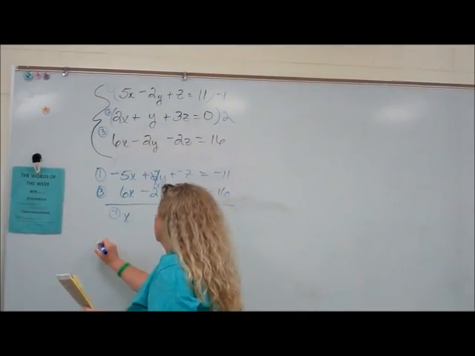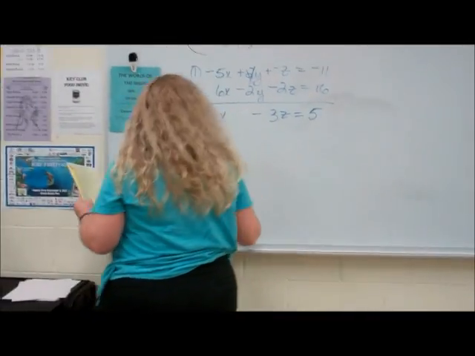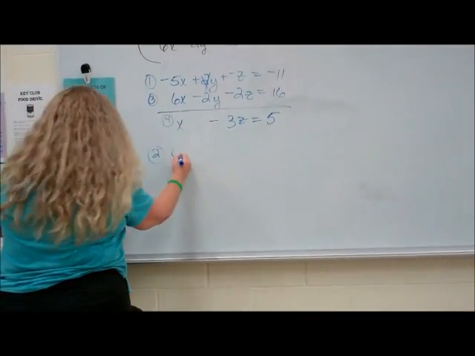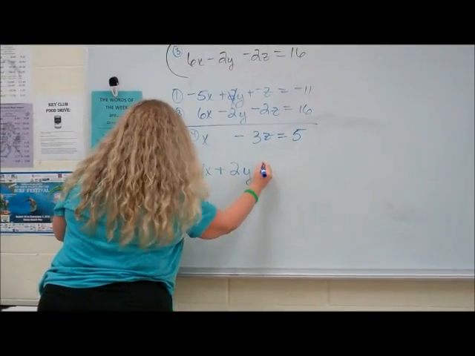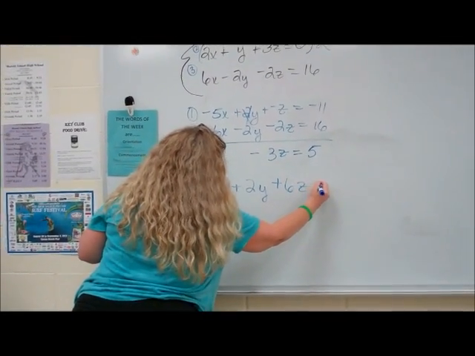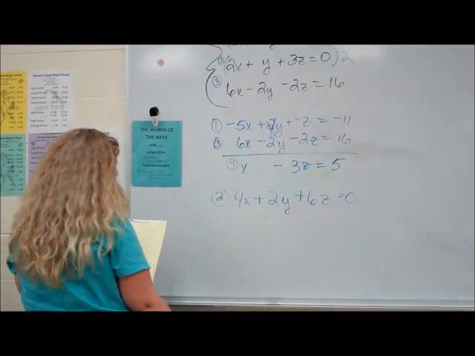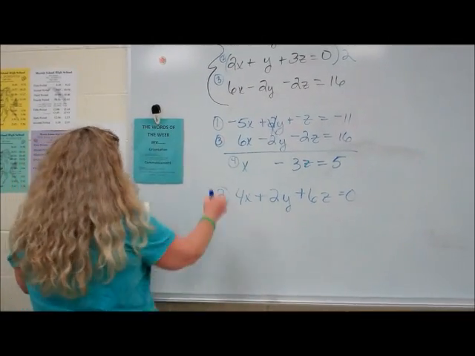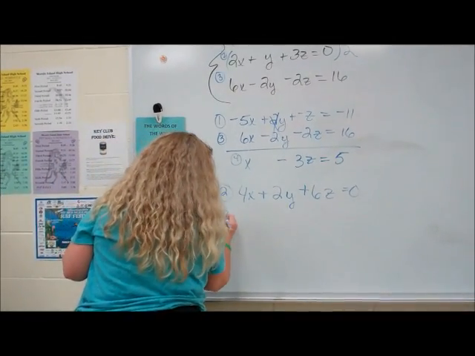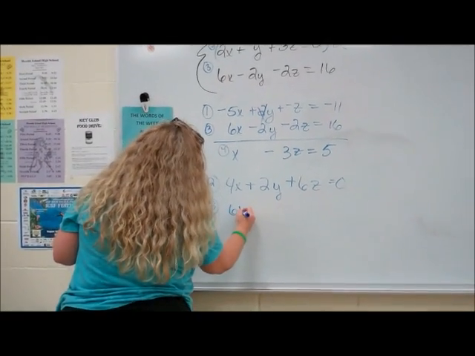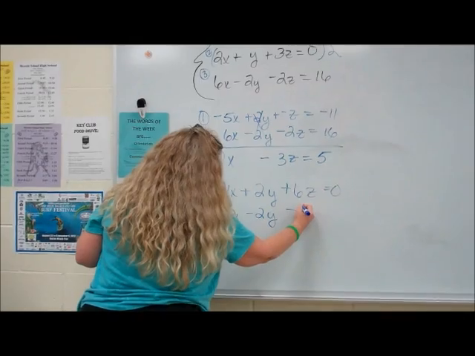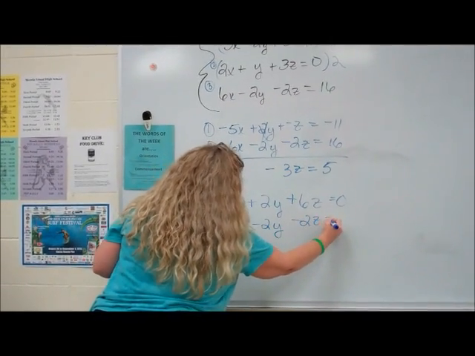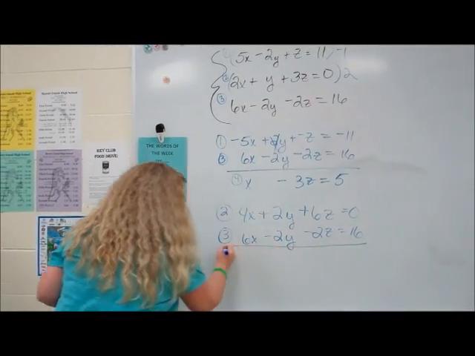And we're going to have 4x plus 2y plus 6z equals 0. And take equation number 3 again: 6x minus 2y minus 2z equals 16. And add those 2.